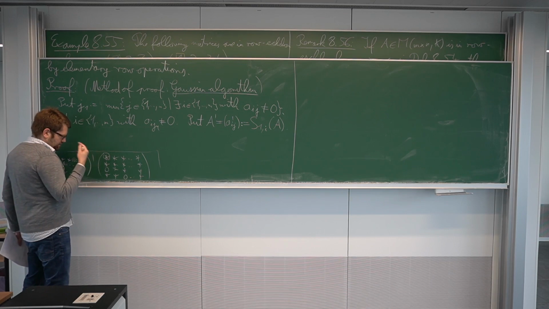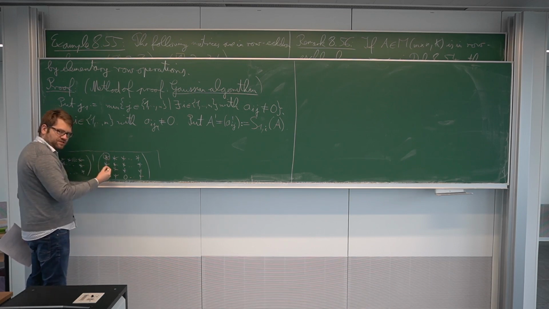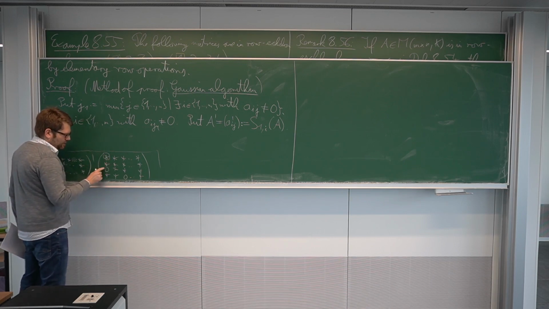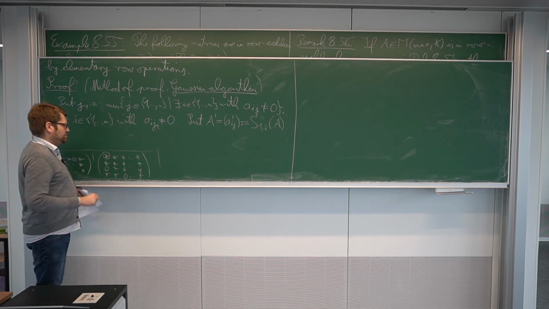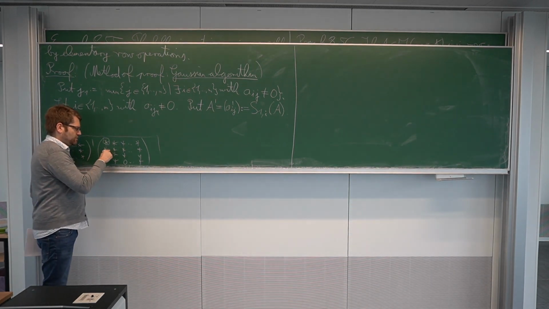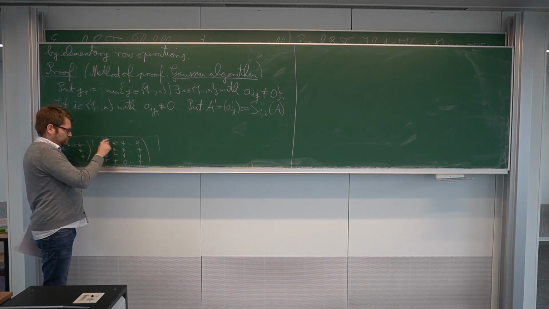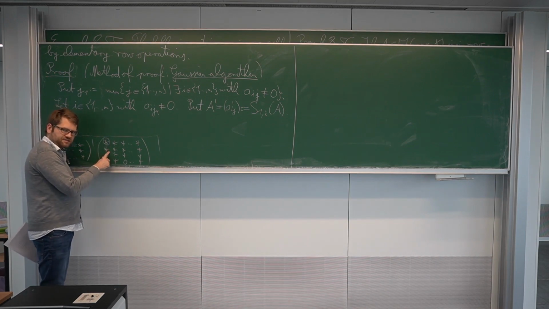Now, to make this really a pivot element, everything below here must be 0. So what we now do is add the right multiple of this row to each of the rows that follow, such that precisely this first element is cancelled.